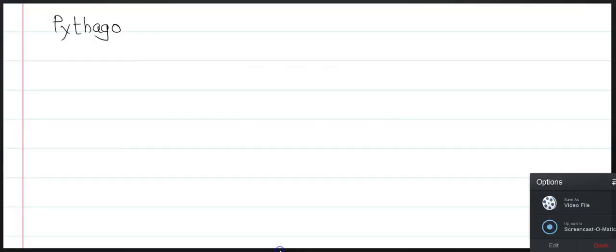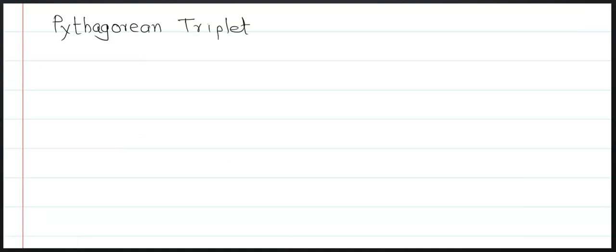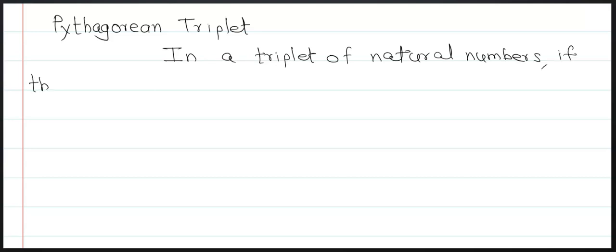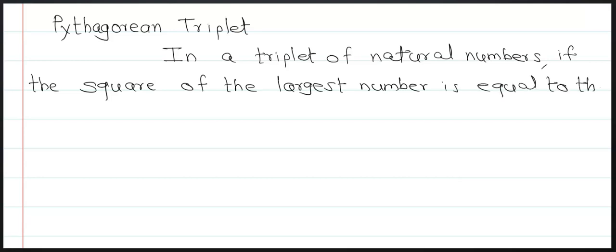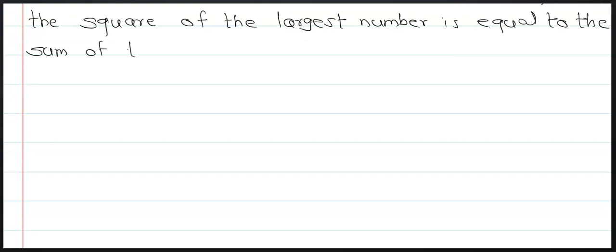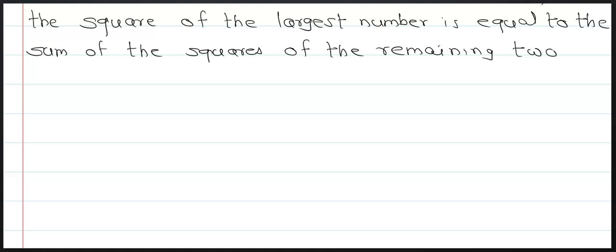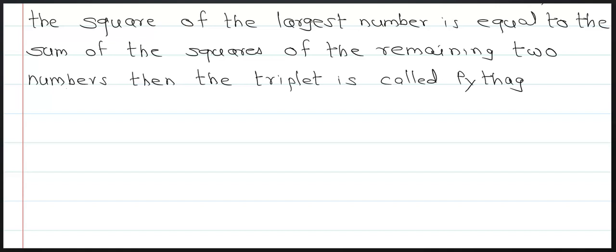Now the next is Pythagorean triplet. In a triplet of natural numbers, if the square of the largest number is equal to the sum of the squares of the remaining two numbers, then the triplet is called a Pythagorean triplet.